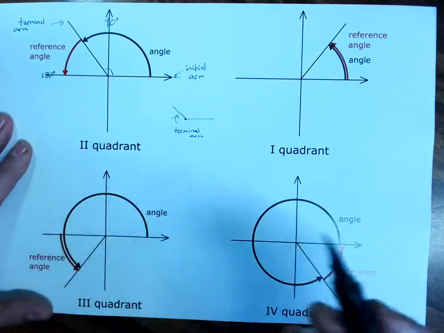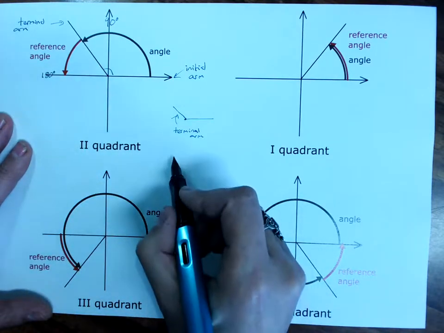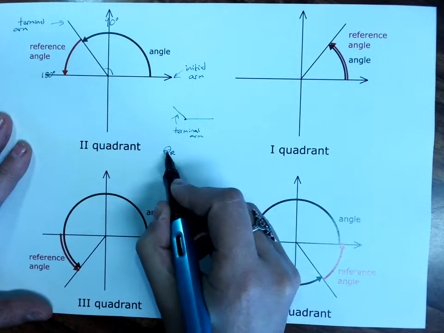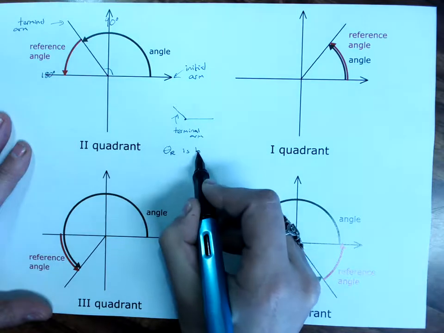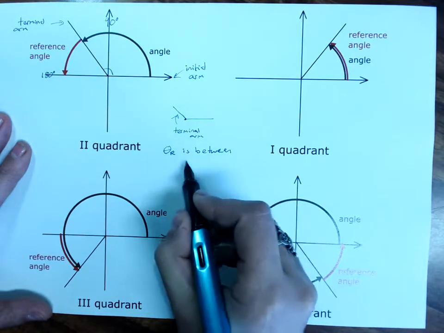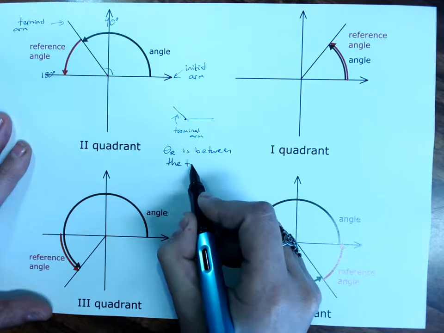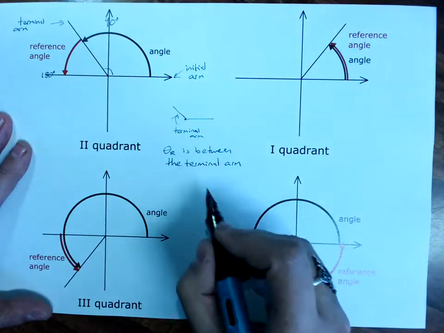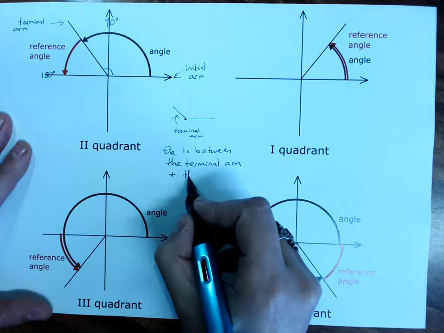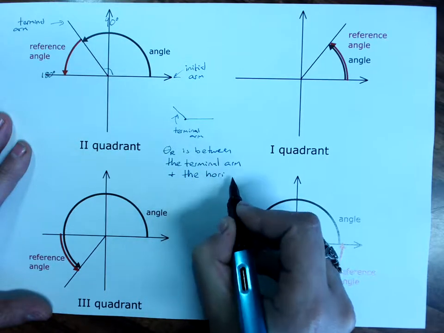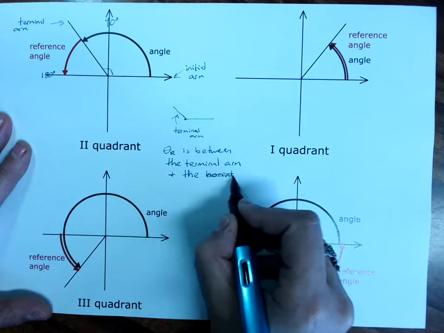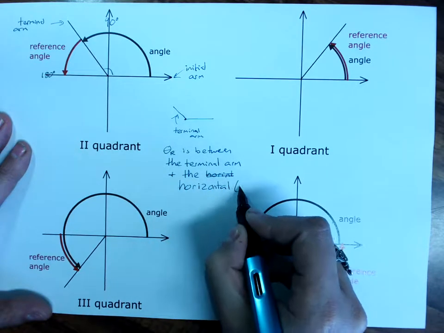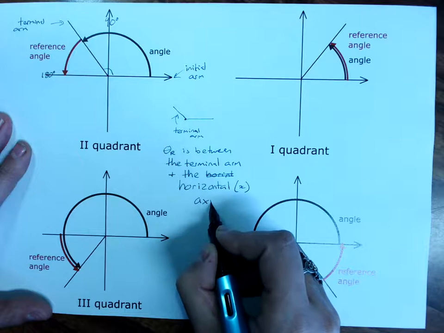And the reference angle, look, theta with a little r, reference angle, is between the terminal arm, sorry about my terrible writing here, I'll fix that, and the horizontal, or the x-axis.